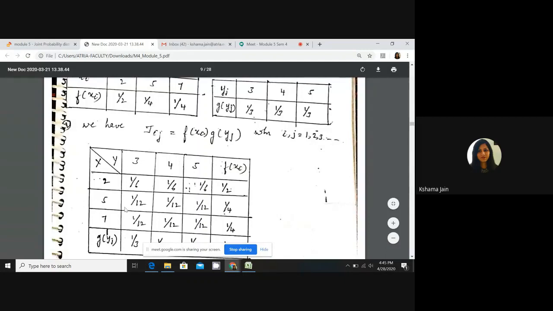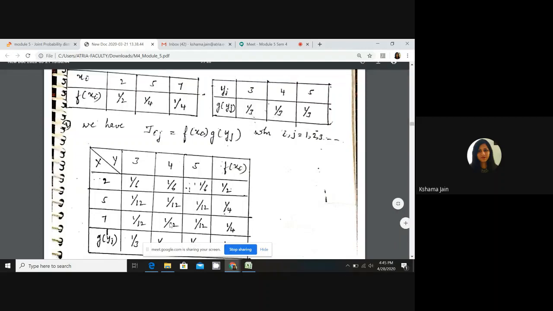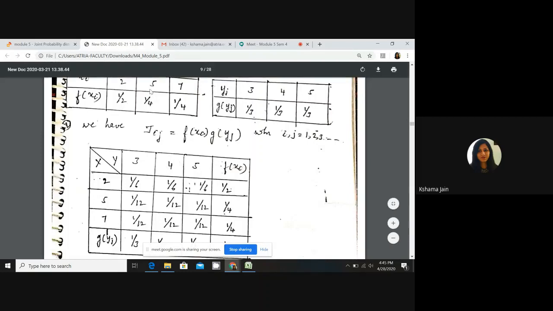Randomly, if I take 7 and 4, you will see the 7 value is 1 by 4, the 4 value is 1 by 3, and 1 by 4 into 1 by 3 is 1 by 12. Getting it? Like this they have done. If I take 5 and 4, this location I want to get: 5 is 1 by 4, 4 is 1 by 3, 1 by 4 into 1 by 3 is 1 by 12, like this. And if you add them, ultimately you will get these values only.